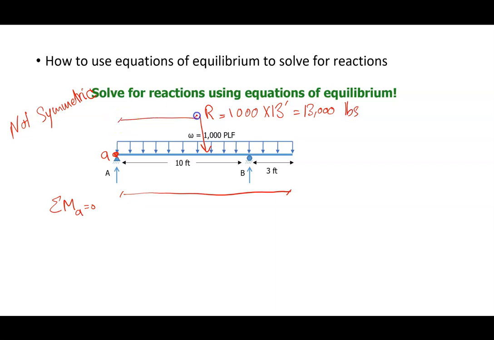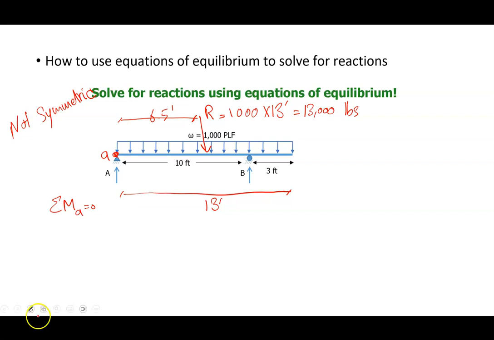And it's placed at the midpoint of the total length of the beam. So the total length is 13 feet and it's placed at the midpoint, which is 6.5 feet.